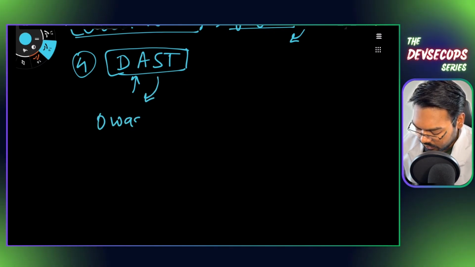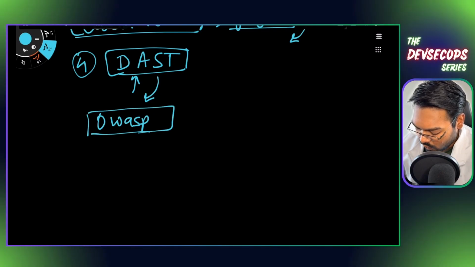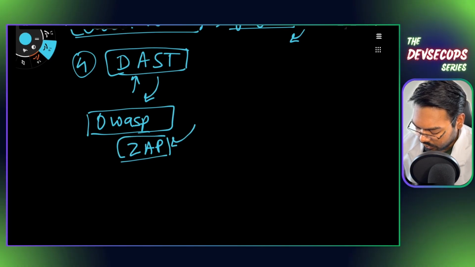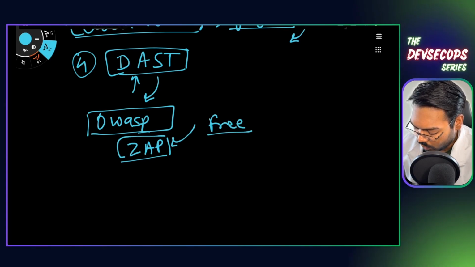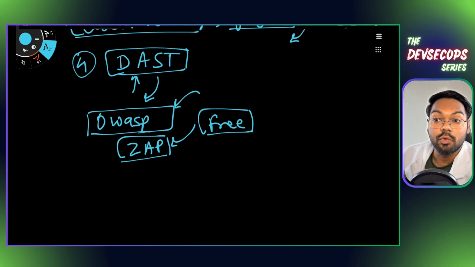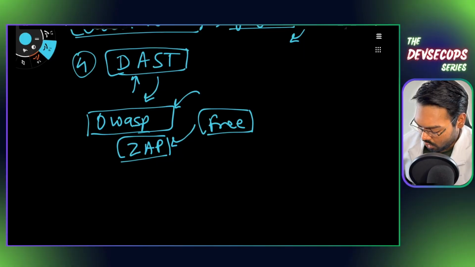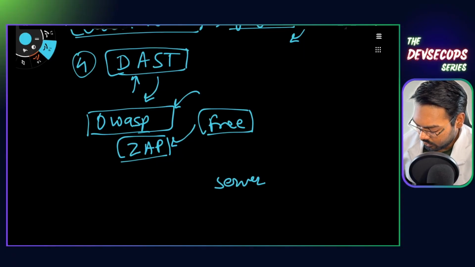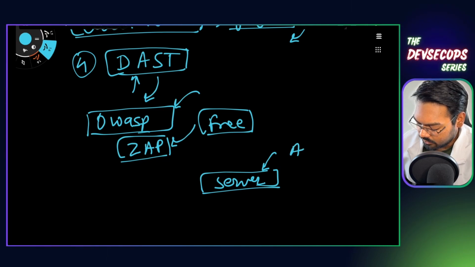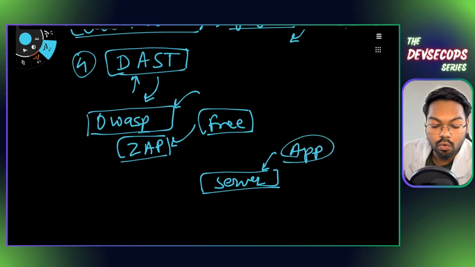One of the very well known tools is OWASP ZAP, Zed Attack Proxy, which is a free, open source tool developed by the OWASP campaign, so that you can test your application when it is running on a server. It would find out if there are any vulnerabilities in the server as well as the application. So if you want to do that, you should go with it.